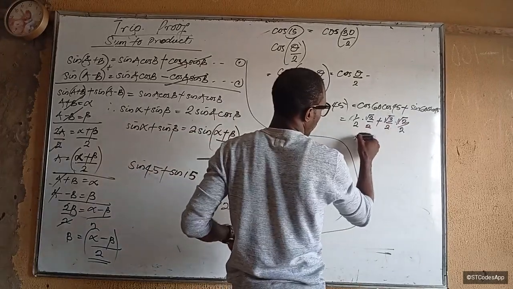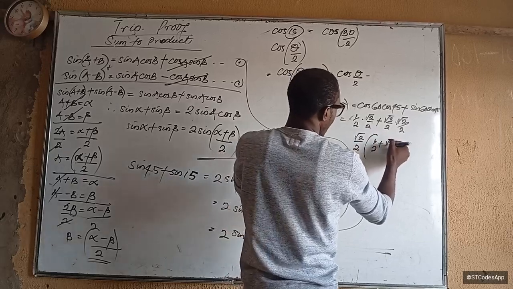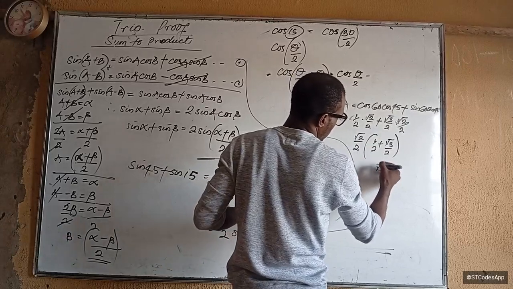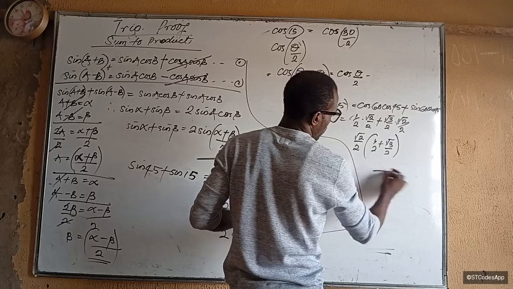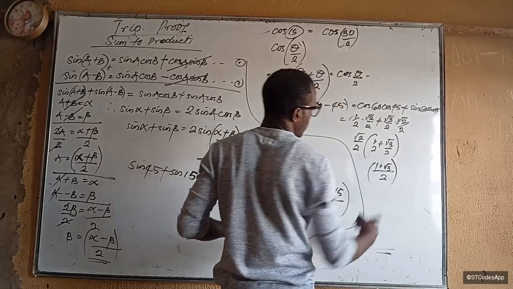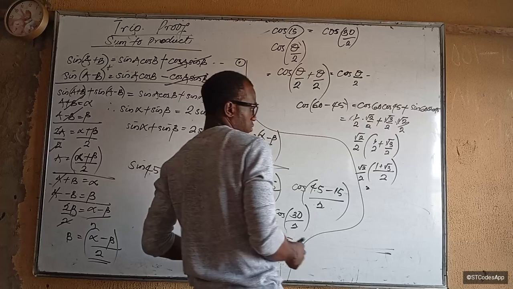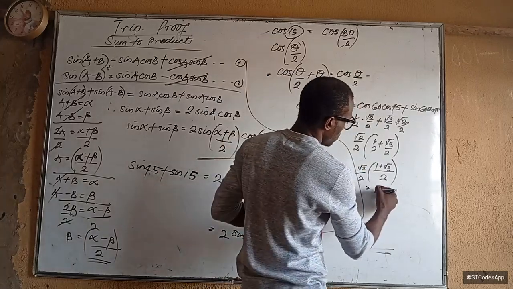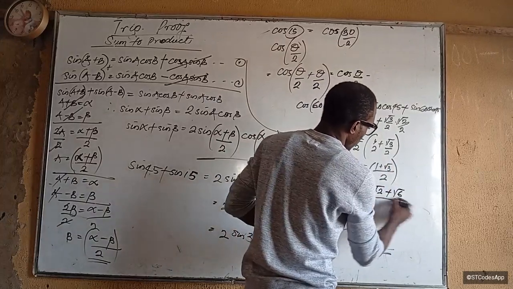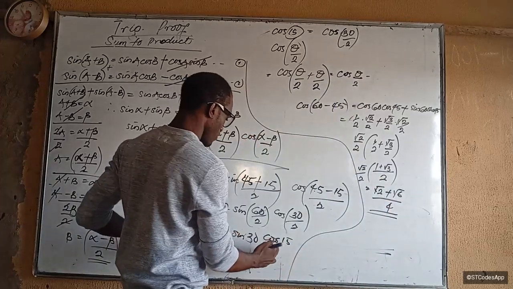So root 2 over 2 is common. Let's work this out. We have 1 plus root 3 times root 2 over 2. So this becomes root 2 plus root 6 over 4. So this is the answer for cos 15.